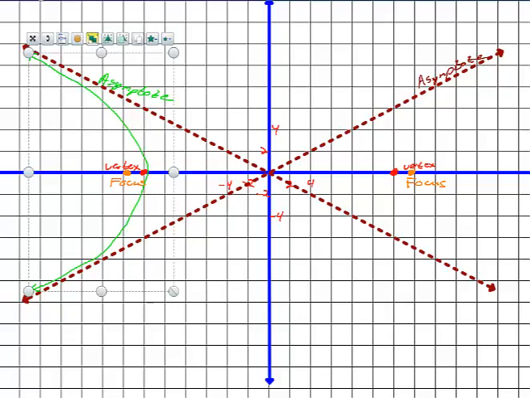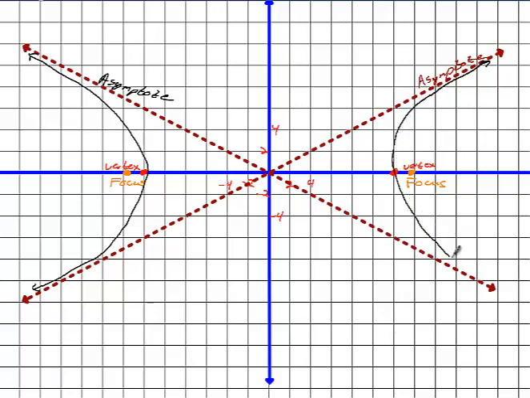Yeah, I guess I'll just use black. And then I do the same thing on the other side. Start up at the asymptote, follow it as long as I can, curl through the vertex to the asymptote on the other side. Alright, so any questions on how to graph this hyperbola?